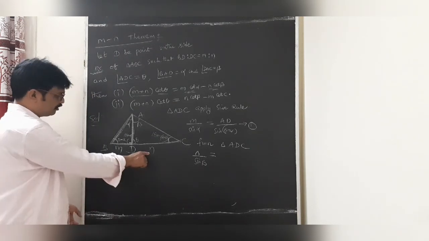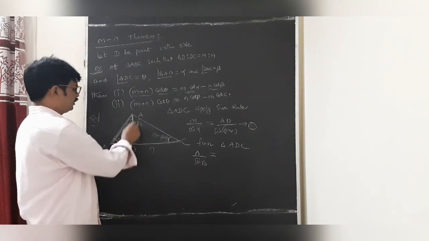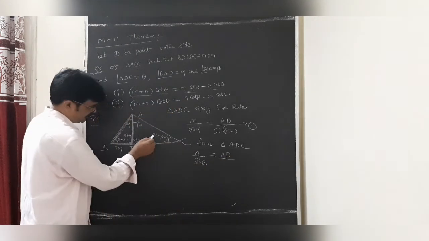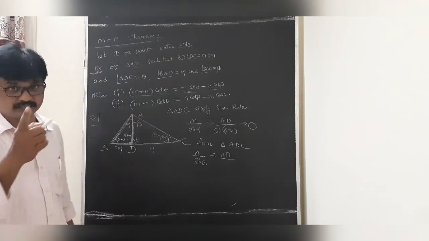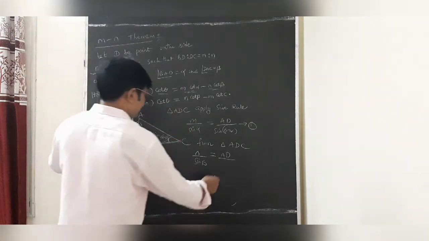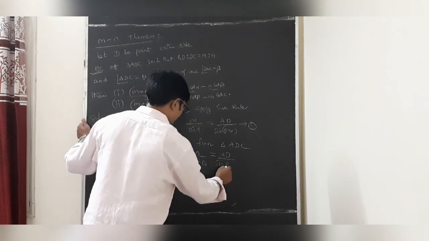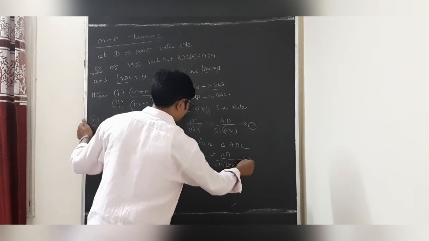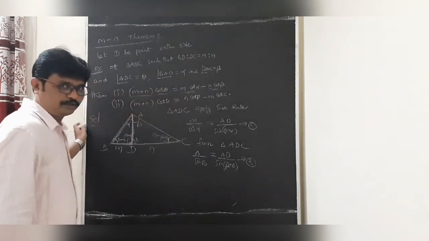So n by sine beta can be written as AD by sine of 180 minus theta. We know that sine(180 minus theta) is sine theta, that is sine of (beta plus theta). Is it clear students? This is equation 2.